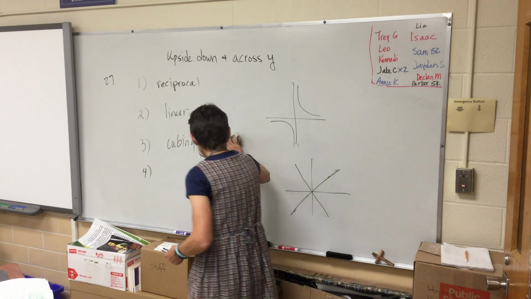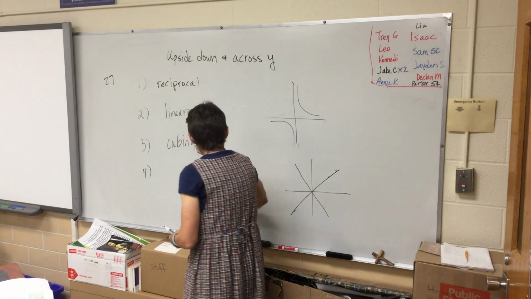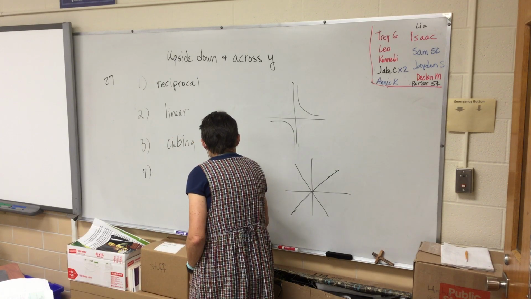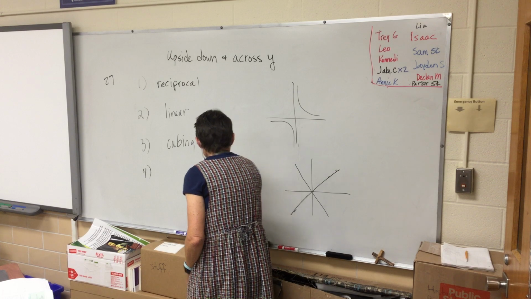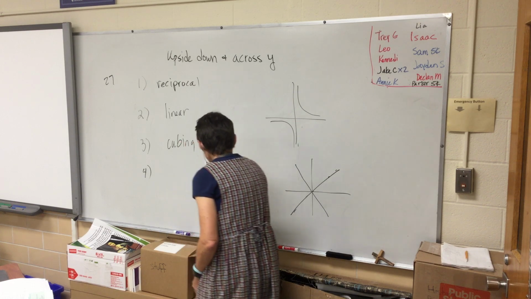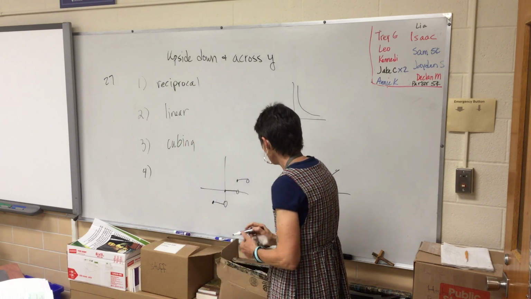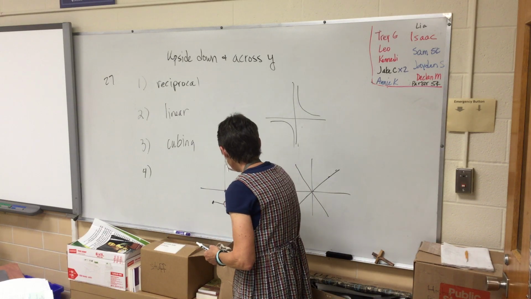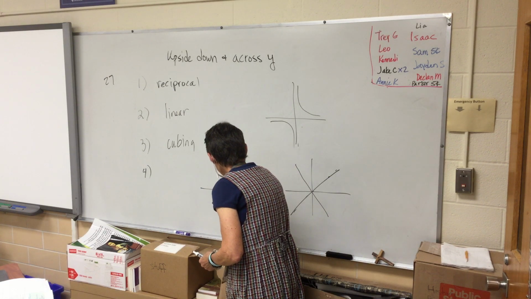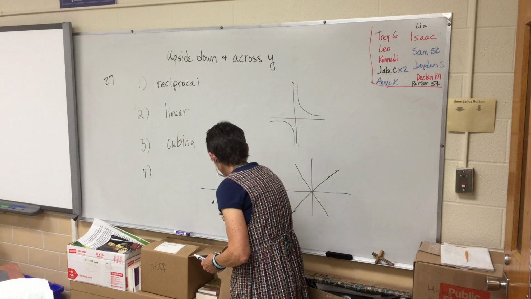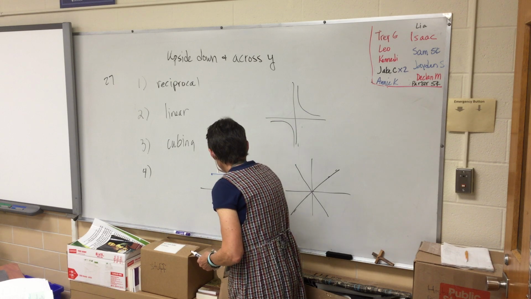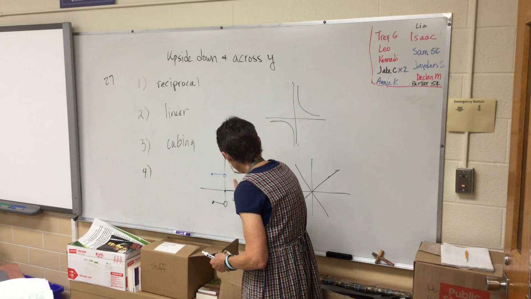Josh? Greatest integer. Alright, so let's look at that for a minute. I'll just graph that much of it. Okay, now if I flip it upside down, that one's going to stay put, and this one's going to come down here, and this one's going to come up here. Okay, I'm going to get rid of that now.